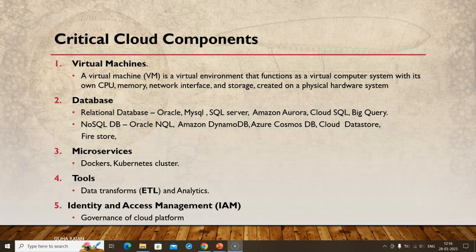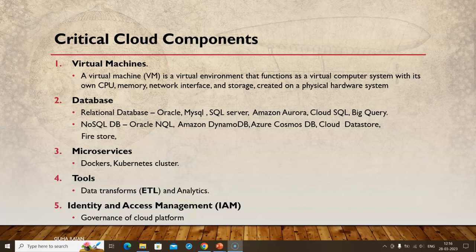Suppose all of them will not have the provisioning access of virtual machines. So a few of them will be provided that option of provisioning the virtual machine. Similarly, the database. Who can provision the database, and who can read the database? All this comes under identity and access management.